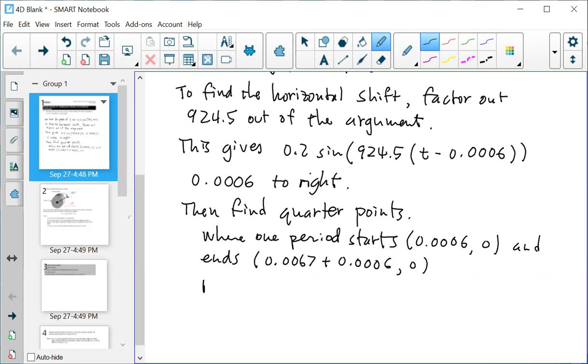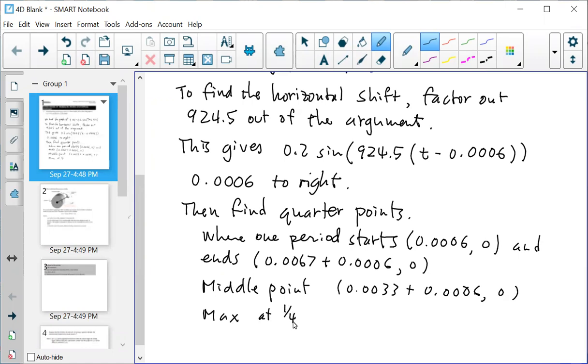The middle point should be at half the period plus the shift. So that would be 0.0033 plus 0.0006, comma 0. And then we'd have a maximum value at 1/4 the period plus the shift.